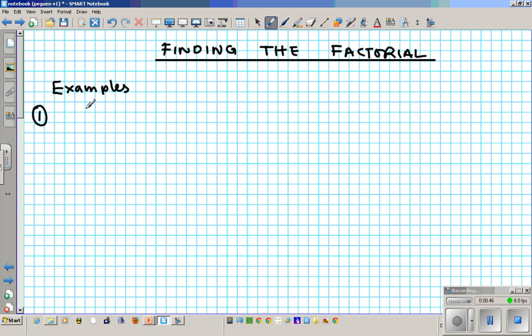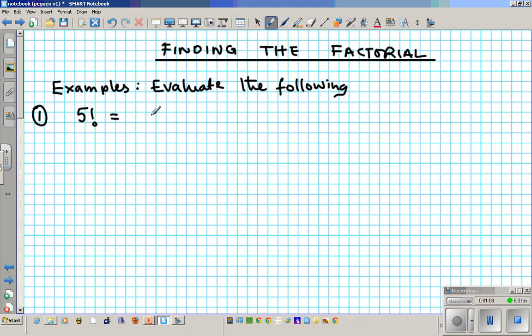Number one, so examples, evaluate the following. Let's say we had 5 factorial, okay? That's not 5 exclamation mark, that's 5 factorial in math. What does that mean?